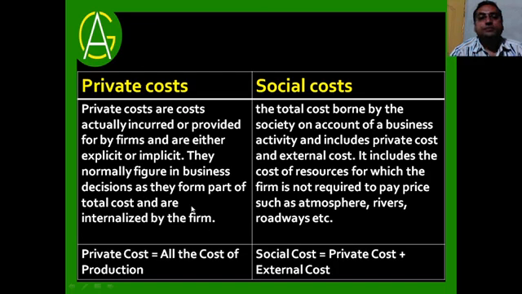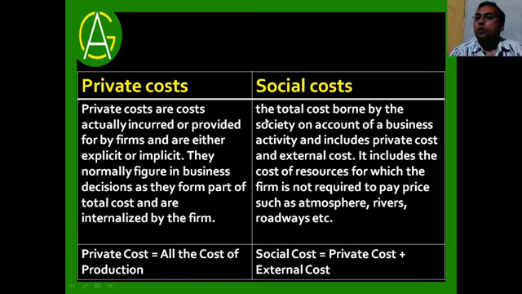This means that any cost incurred by the business in order to produce a particular product will be considered as private cost, and private cost includes both explicit and implicit cost. So all the cost of production will be considered as private cost.